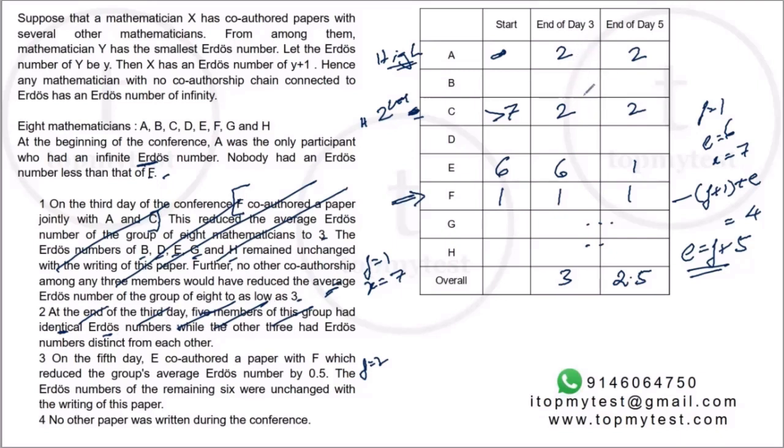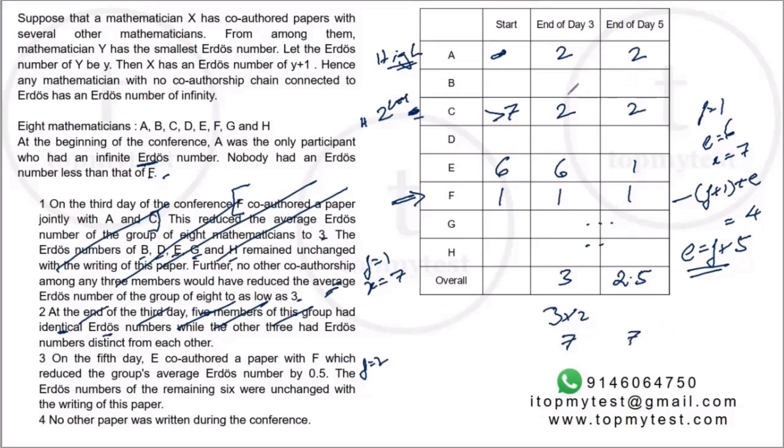We have 2 2s already, so I need 3 more 2s. So 3 plus 2, 5 members with a score of 2. Then you have a 1, you have a 6. What is the last score? Last score is X, which is a 7. And this guy will last here also.